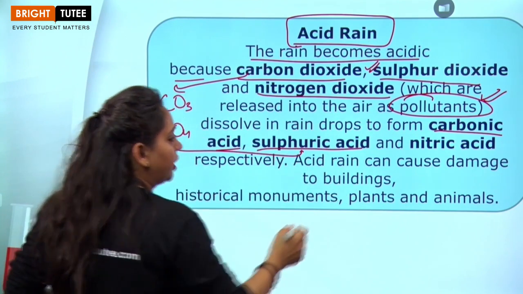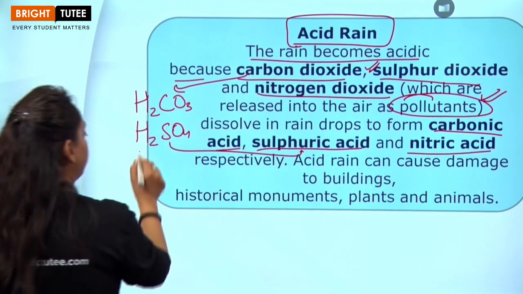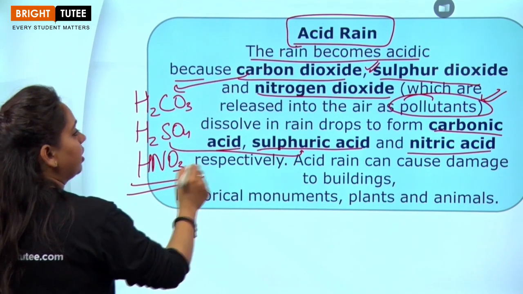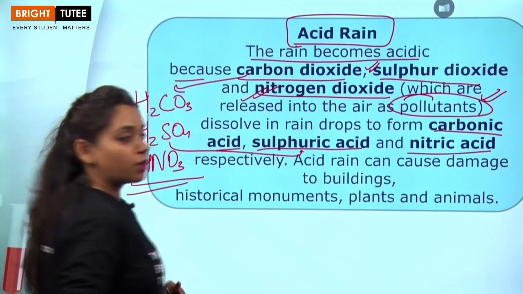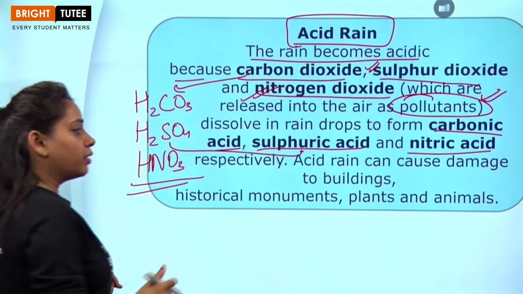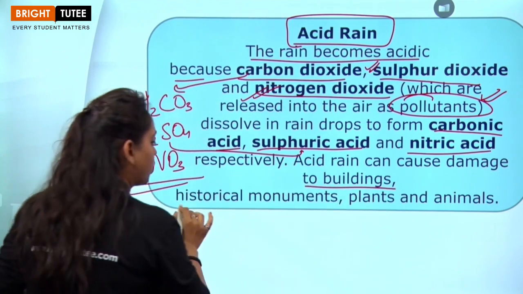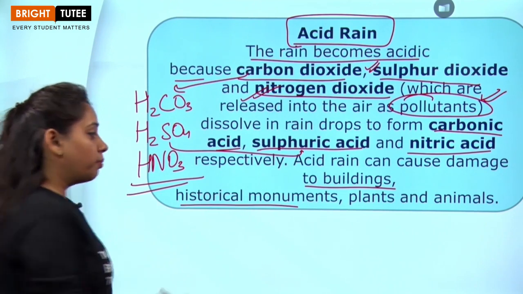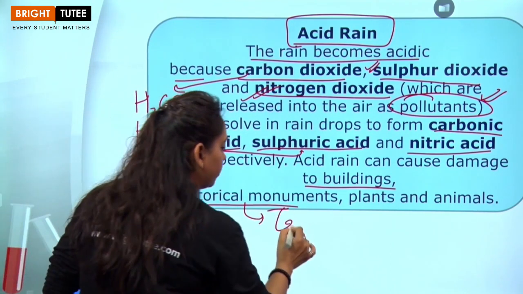Then we have nitric acid, which is HNO3, and it is obtained when the gas nitrogen dioxide dissolves in water. And this acid rain can cause damage to buildings and historical monuments, and you might have heard about the decaying marble of Taj Mahal.